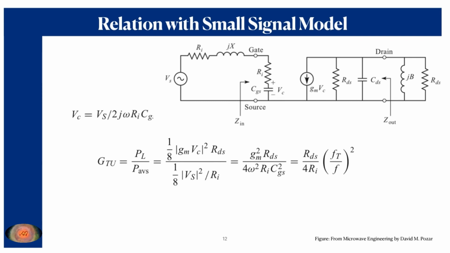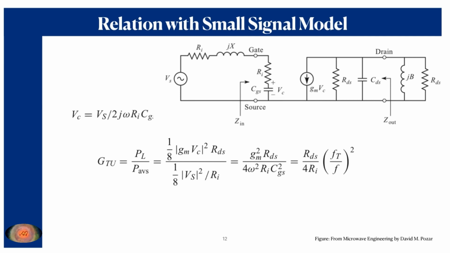Now I have already obtained the expression for Vc in terms of Vs, and here I am replacing it, and finally I obtain this expression. The final expression is written in terms of the cutoff frequency ft.